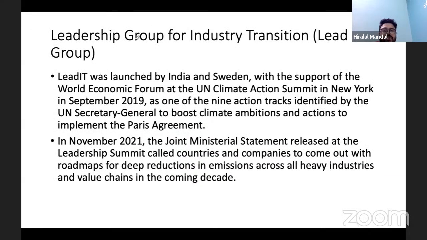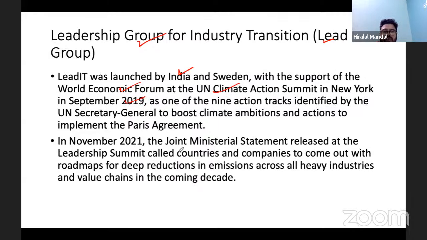There is also the Leadership Group for Industry Transition, known as the LeadIT group. It was launched by India and Sweden with the support of the World Economic Forum and the UN Climate Action Summit in 2019.